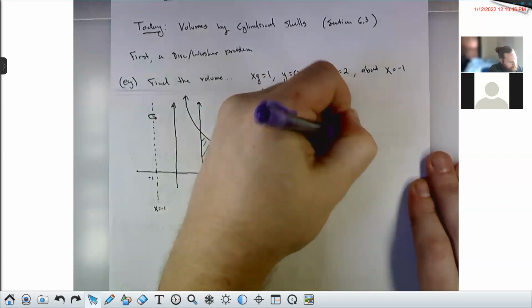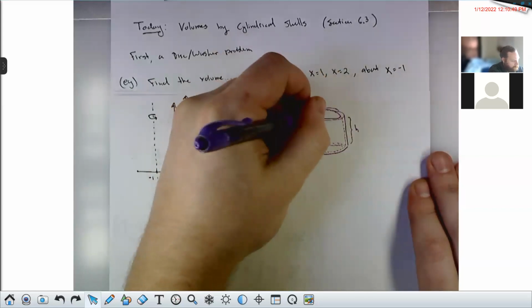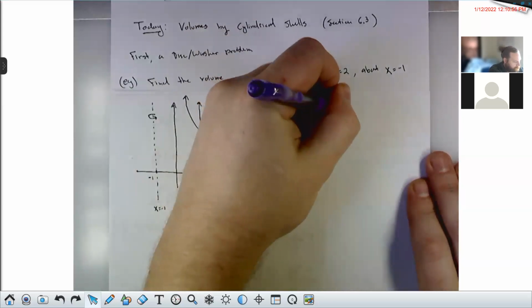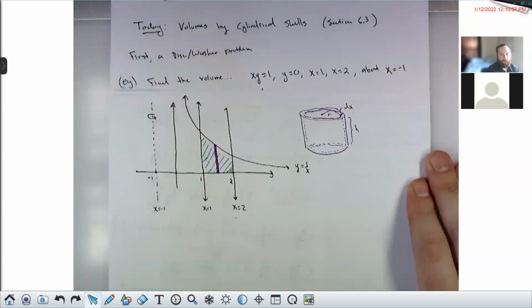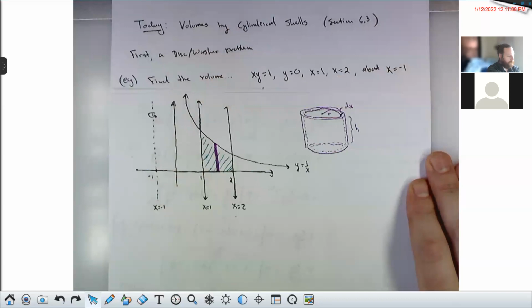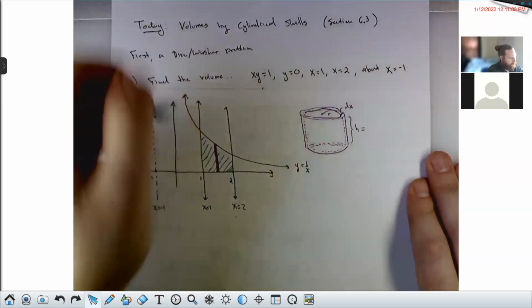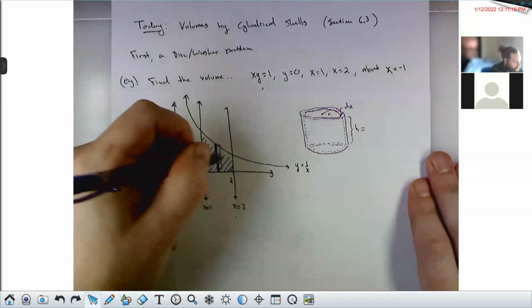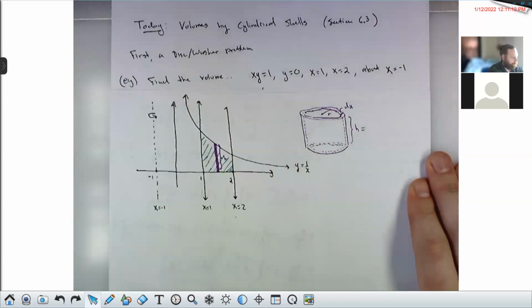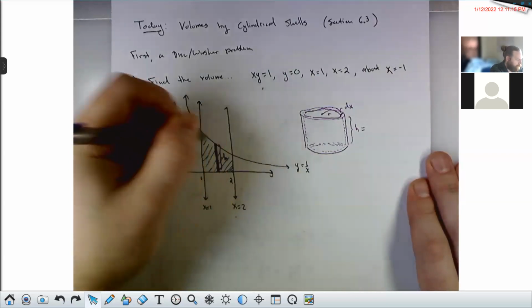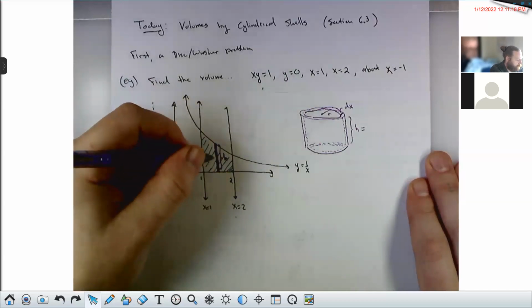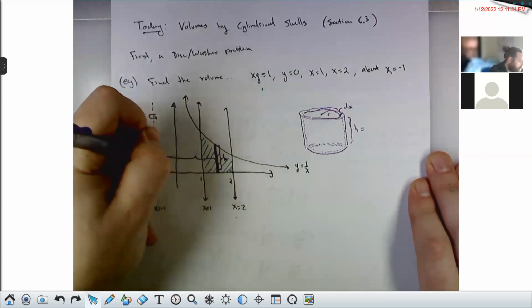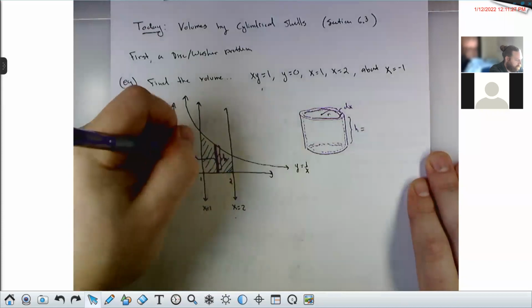It has a height, it has a radius, and it has a wall thickness, which in this case is dx. The height of that shell is the height of this strip, and the radius of that shell is the distance from that strip to the axis of rotation.